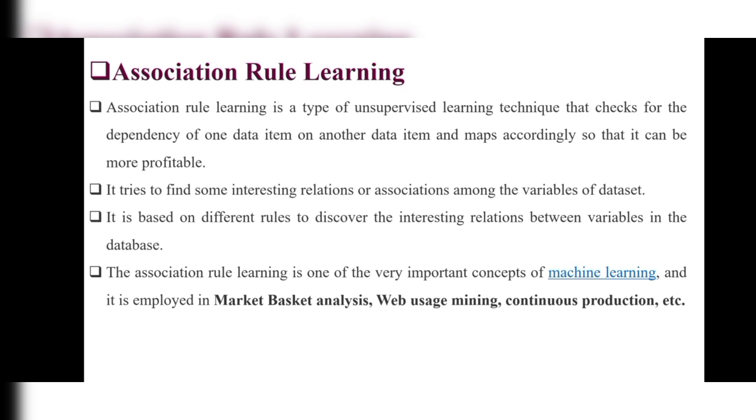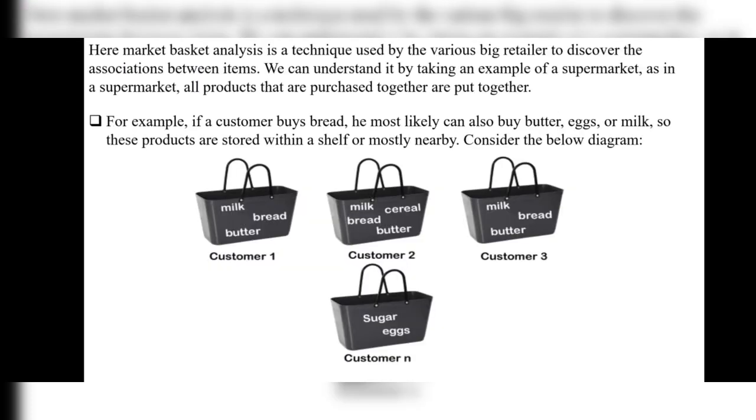Association rule learning is a very important concept of machine learning, and it is employed in market-based analysis, web usage mining, continuous production, etc. Let's see how.